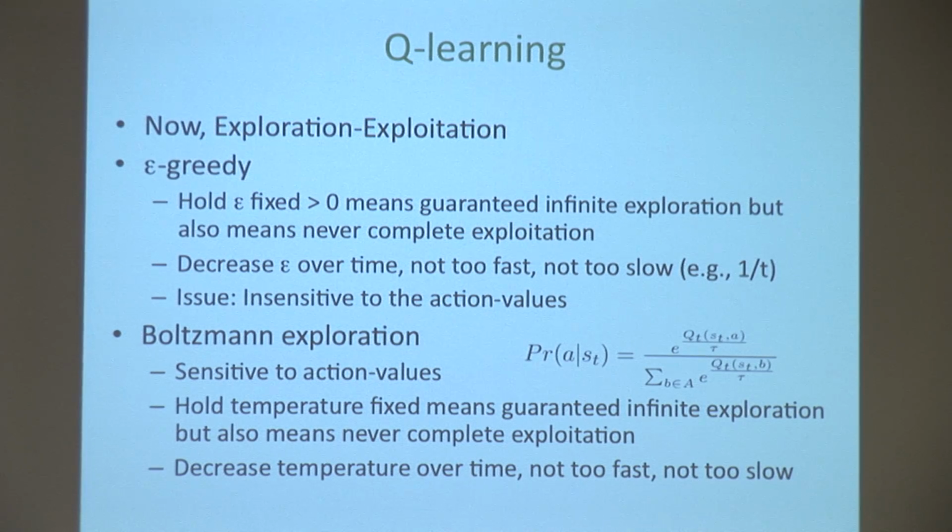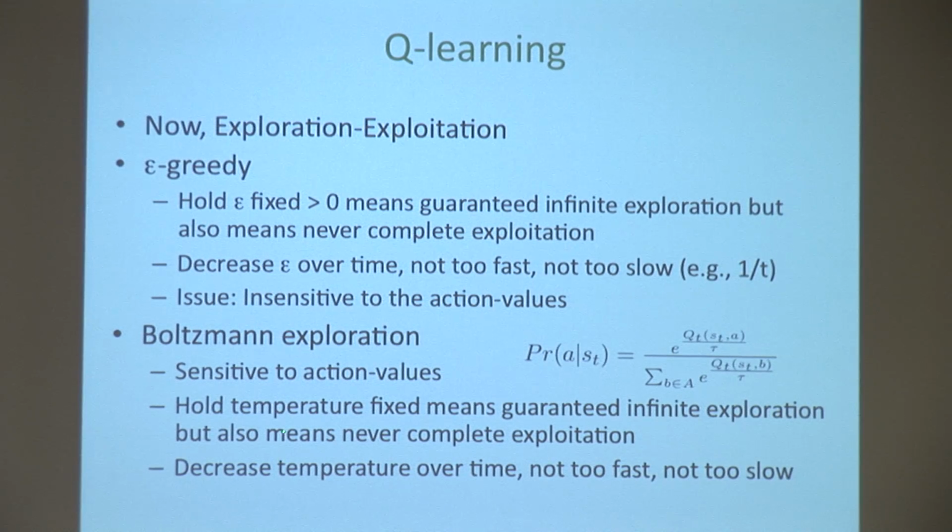So you want an exploration scheme that's sensitive to the values. So that if there's a bunch of actions that have very high values and a bunch of actions that have very low values, you may want to explore the ones that have high values more than the ones with low value. And that gets accomplished by this simple idea of Boltzmann distribution, where the probability of taking action a in state s sub t is given by this exponential form, e to the Q sub t, the Q value of that action divided by a temperature, tau, divided by a normalization term that just makes it a probability distribution.